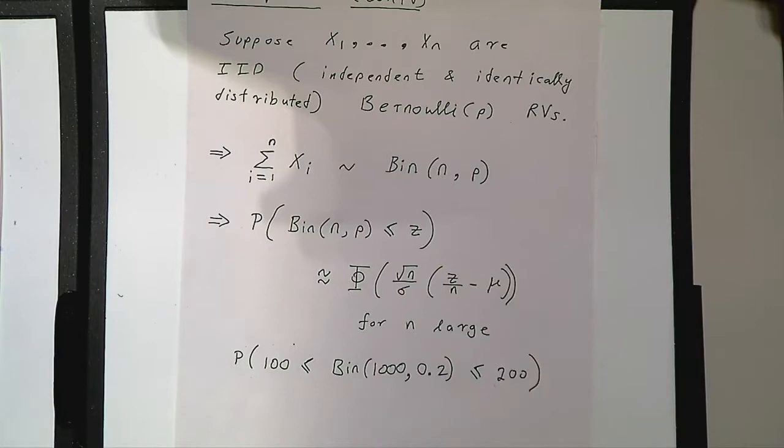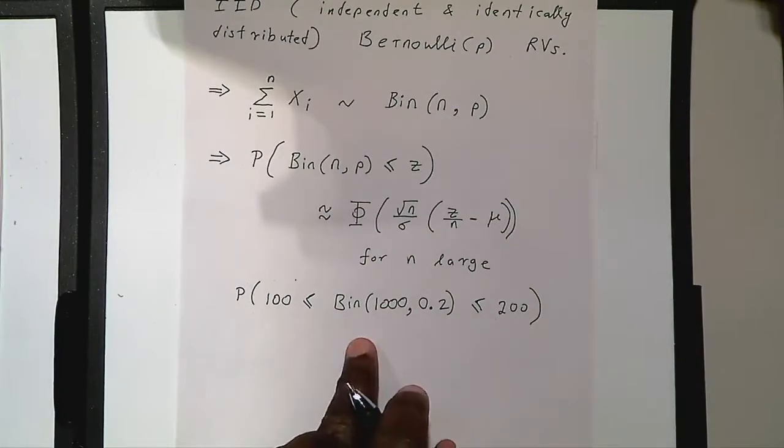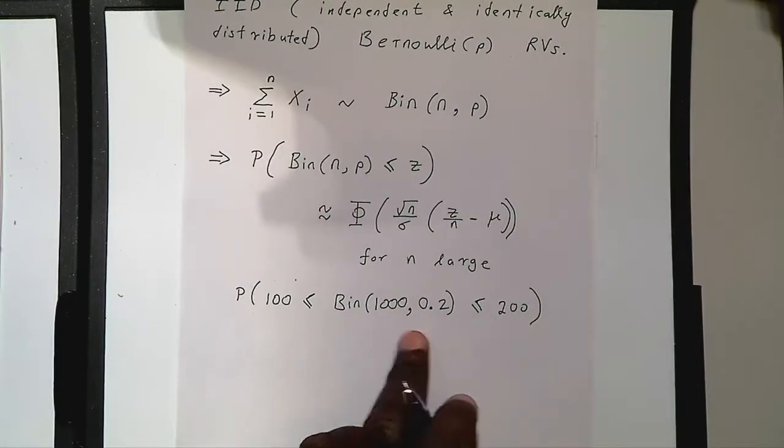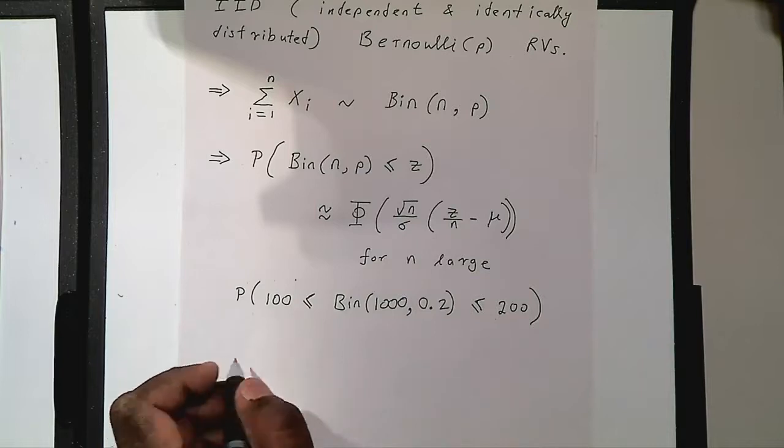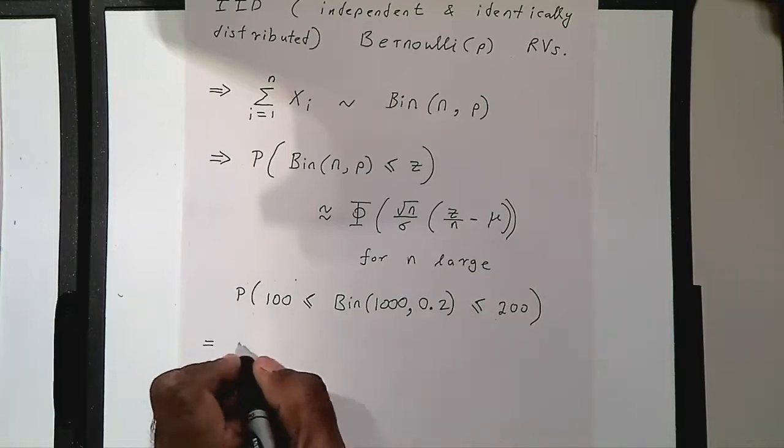We want to find this probability, guys, all right, that a binomial variable with these parameters is between 100 and 200. Now this you can write as follows.